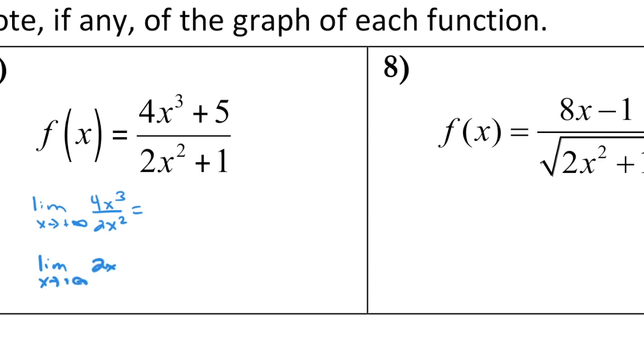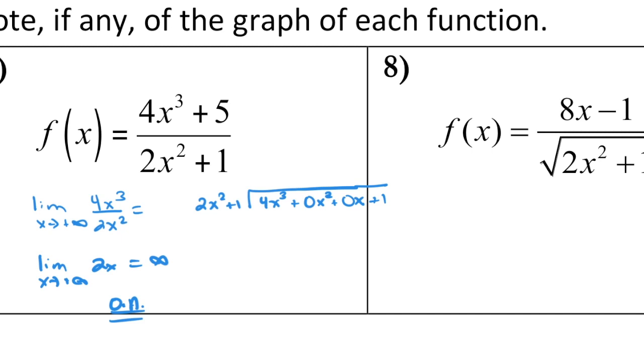Now, because this is a rational function, we know that there's going to be an oblique asymptote that our function will follow. So you're going to have to find it. For me, I prefer polynomial long division, but if you prefer synthetic division, please do that. I'm going to show polynomial long division whenever I solve one of these problems for you, though. So let's get started with that idea.